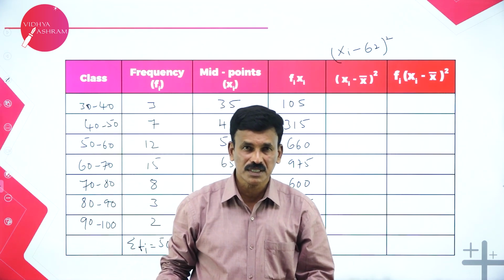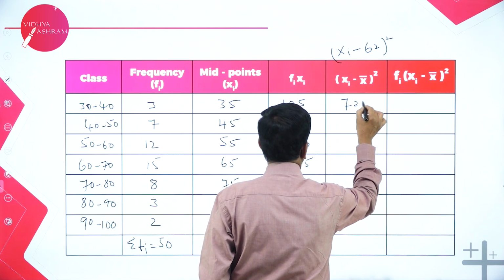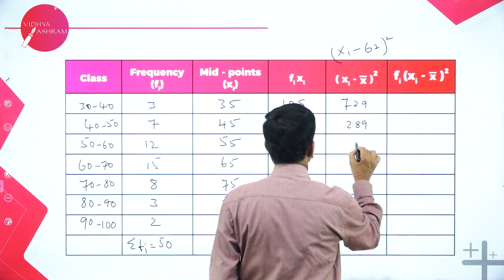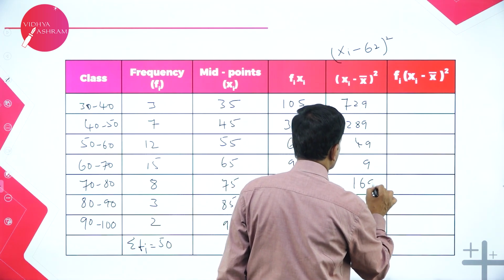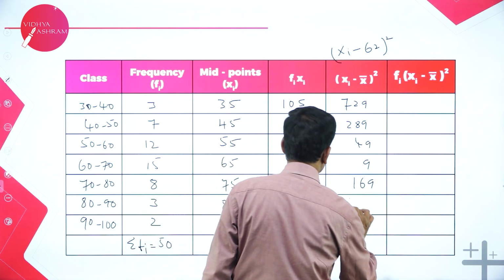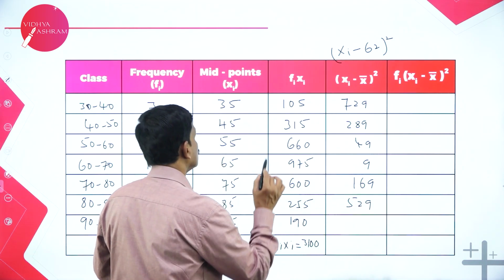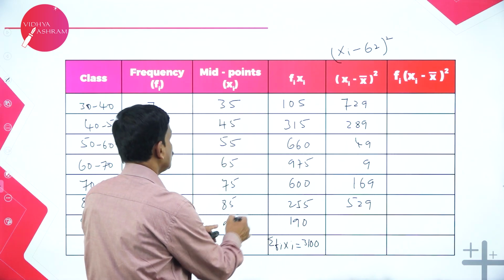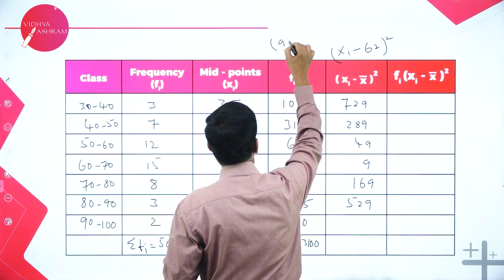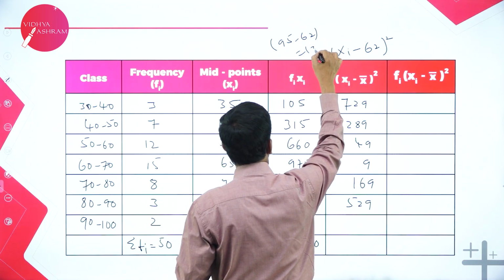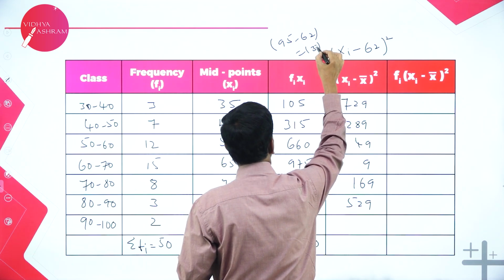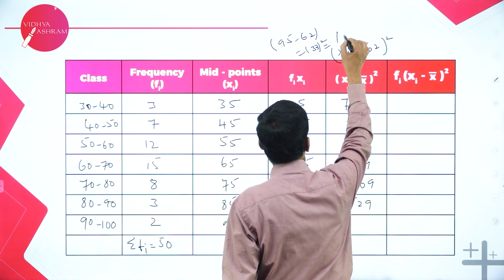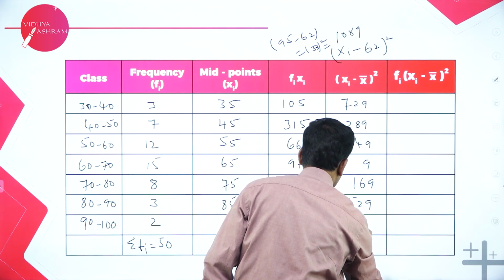If you simplify, you will get 729, 289, 49, 9, 169, 529, and the last one: 95 minus 62 is 33, and 33 whole square is equal to 1089.